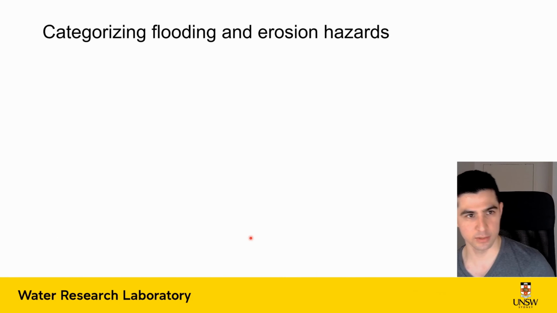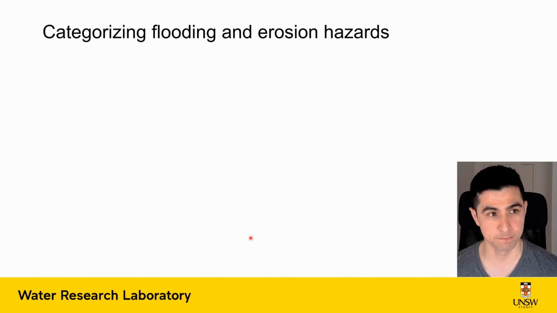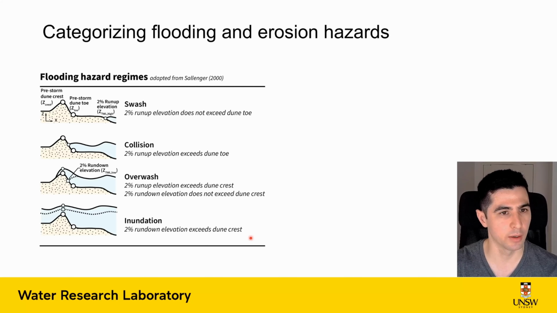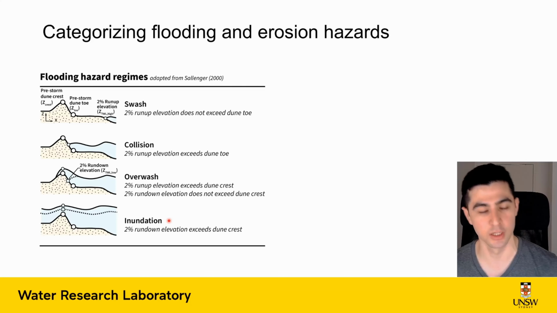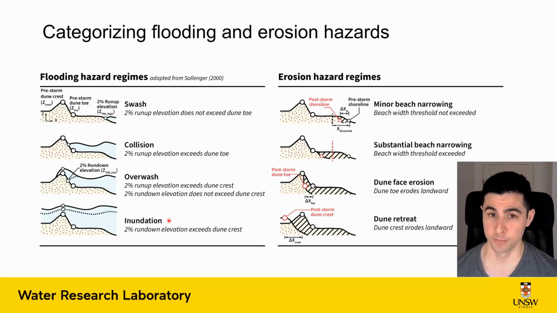And so thinking about this, we can categorize hazards into basically flooding and erosion. So if we think about the storm impact scale, we're adapting what Sallenger did and using the 4 regimes defined in that work. So we're looking at swash, collision, overwash, and inundation. But now we're introducing a similar scale, but for erosion.